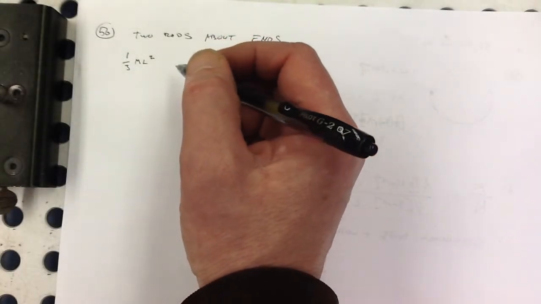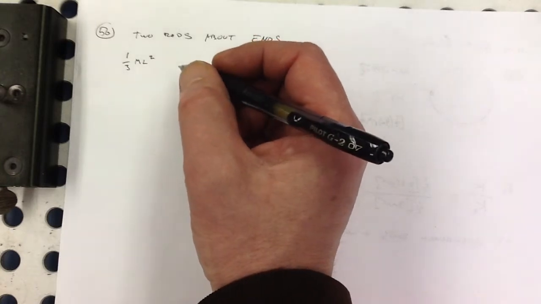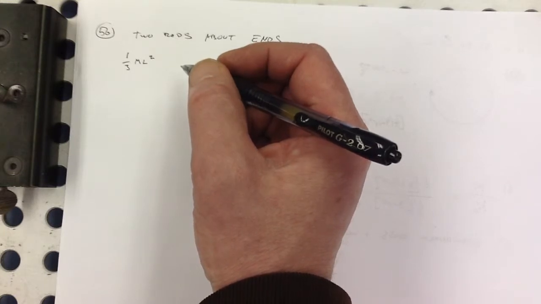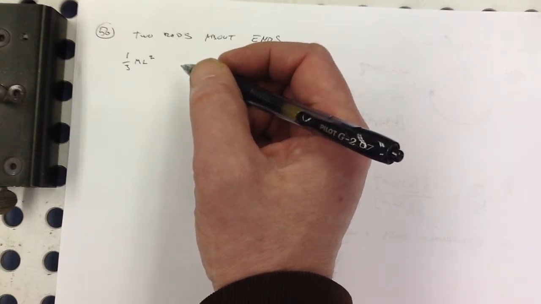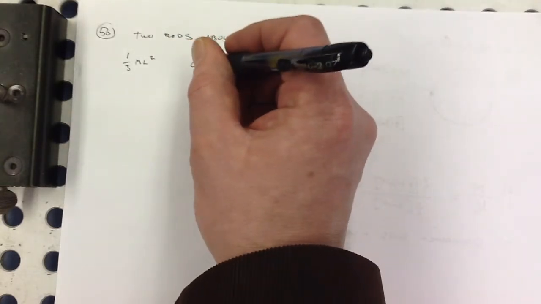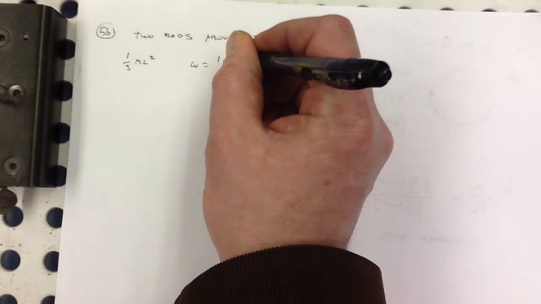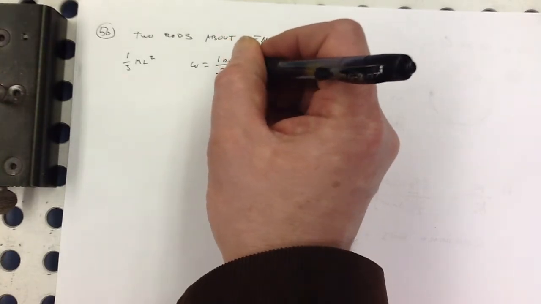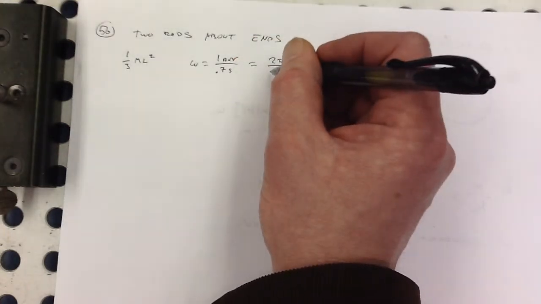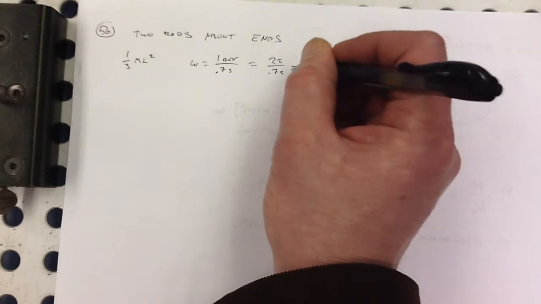And I know that the angular velocity is, they didn't actually give me, let's see. Oh, sorry, I'm looking at the wrong one there. They didn't give it to me. They gave it to me in revolutions per second. So they tell me that the angular velocity is 1 revolution in 0.7 seconds. 1 revolution is the same as 2 pi radians in 0.7 seconds.